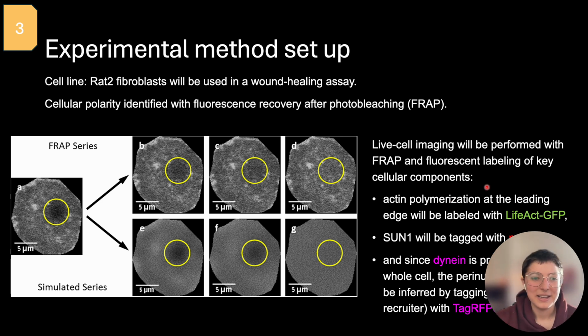what's it called? BICD2? Is that right? Yeah, BICD2. This protein is a recruiter of dynein and a bunch of other stuff, so that's related to the cytoskeleton.